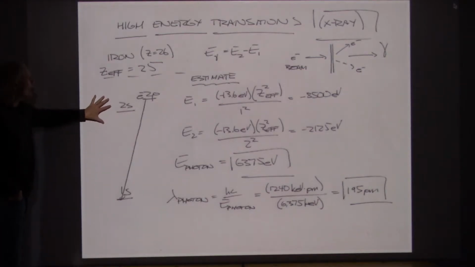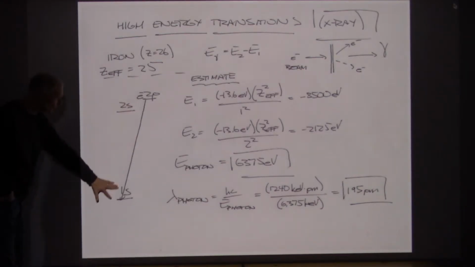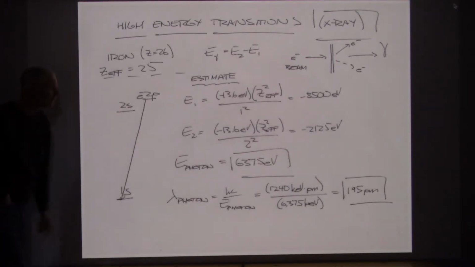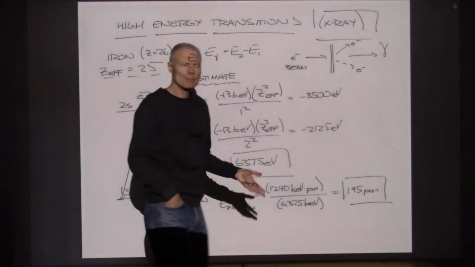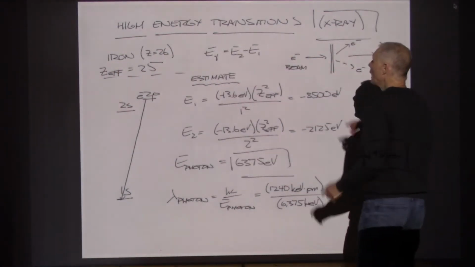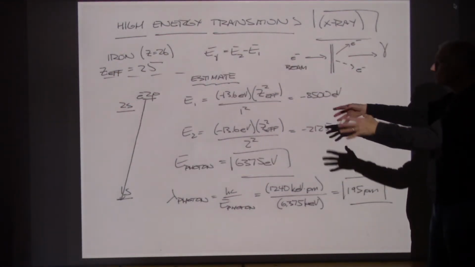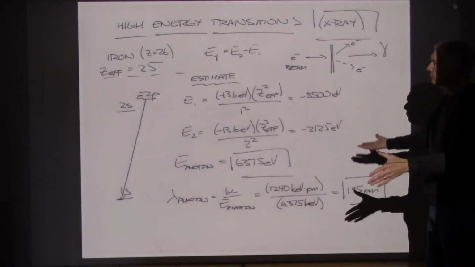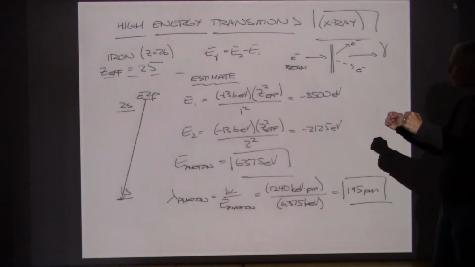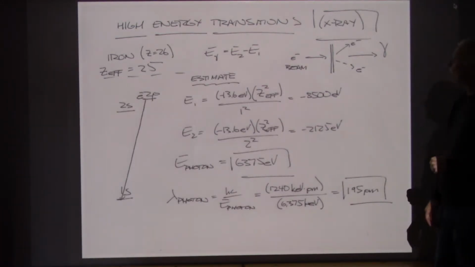So the first thing we would have to do before this transition can occur, we would have to remove an electron from the 1s state in iron. Now that's not going to be easy because iron is element number 26 and there's a nucleus there with 26 protons in it, and it's holding onto those 1s electrons very firmly.